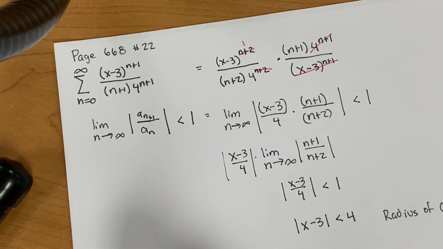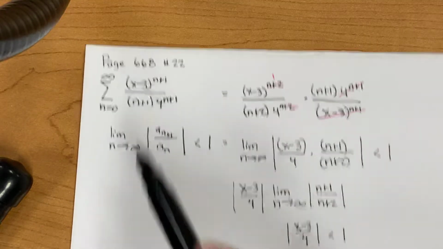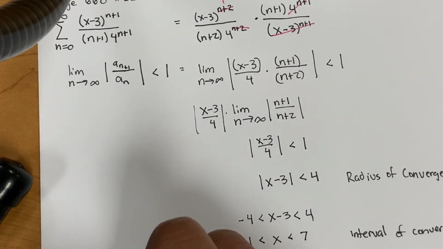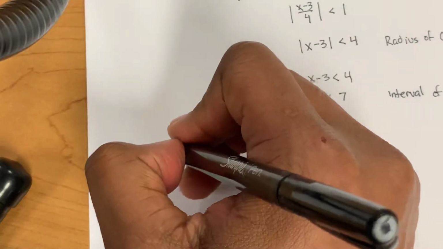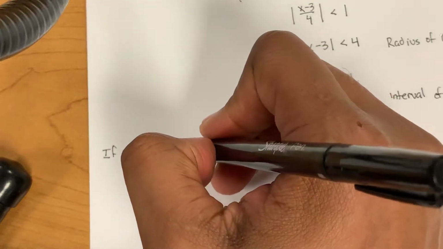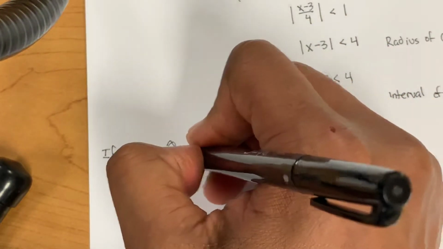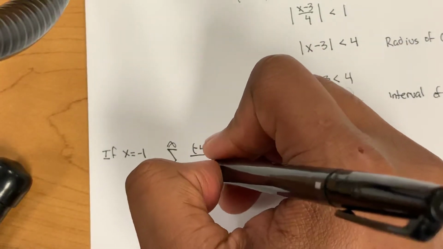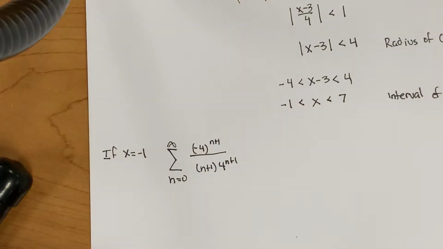If x equals -1, we'd have the sum from n equals 0 to infinity of (-4) to the n plus 1 over n plus 1 times 4 to the n plus 1.